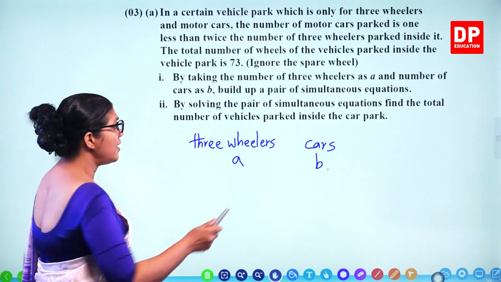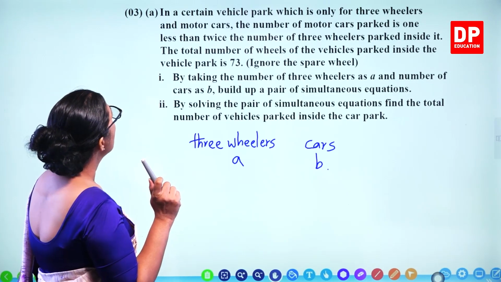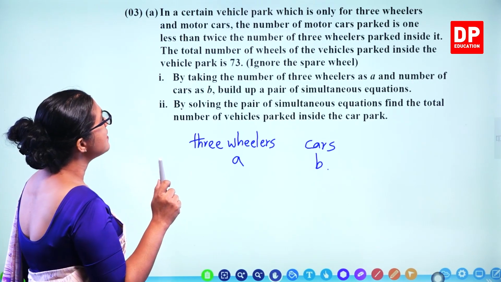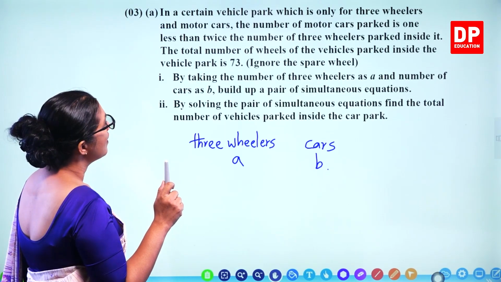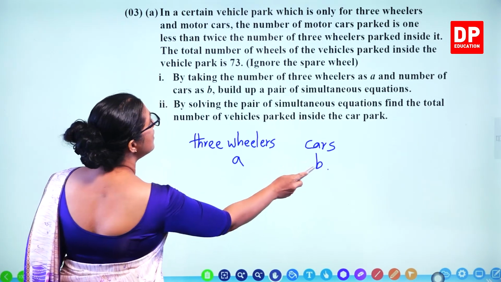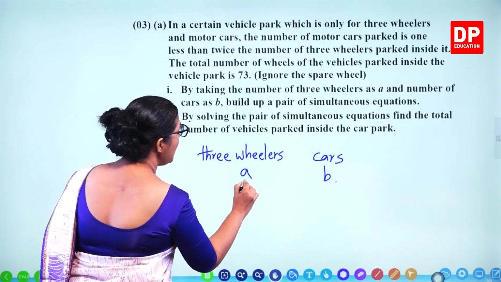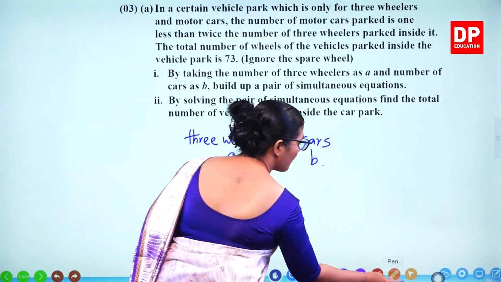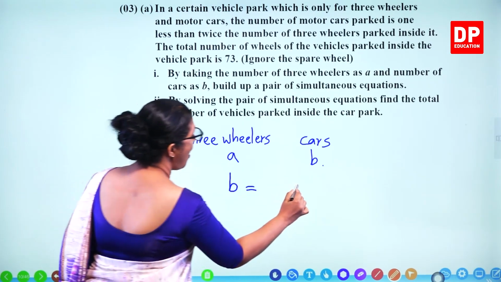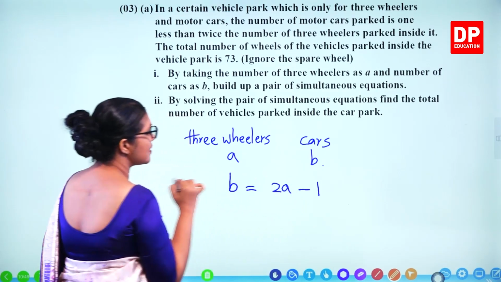Now we have to again read the question and construct the two equations. The number of motor cars parked is 1 less than twice the number of three-wheelers parked. So B equals 1 less than twice the number of the three-wheelers.